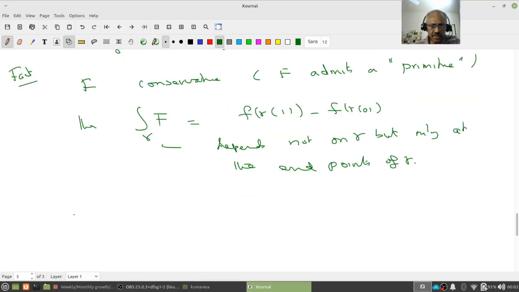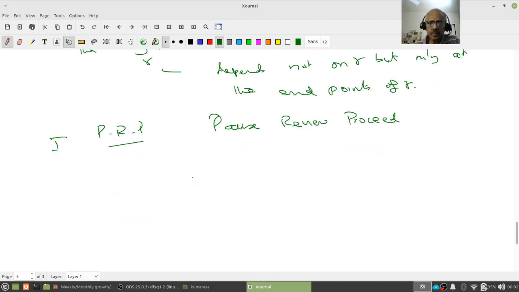In particular, assume gamma is closed. That means the endpoints are the same.